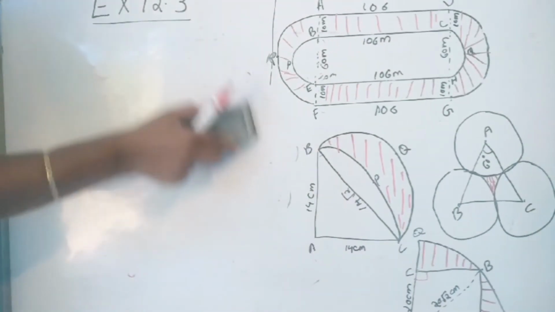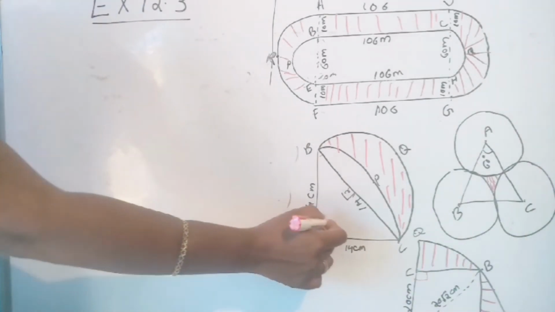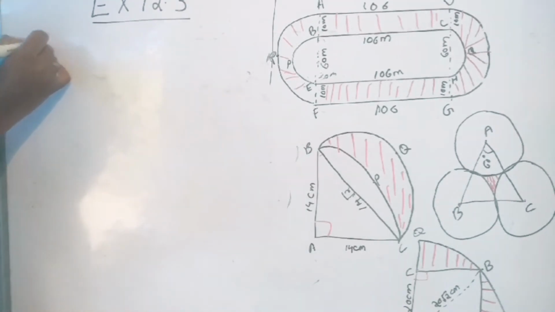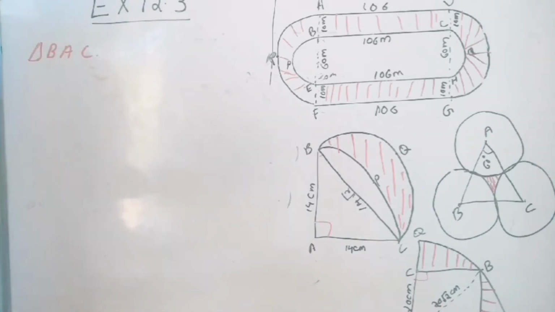Now what we are going to do is, first we need to find out the length of BC. Since ABC is a quadrant, this angle is 90 degree. So we can apply Pythagoras theorem in triangle ABC.